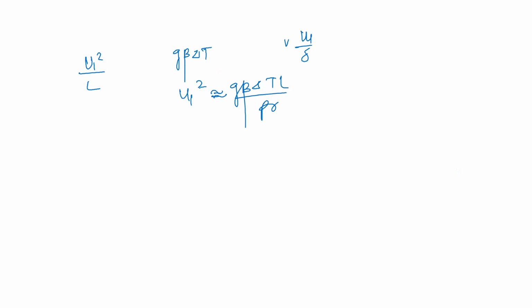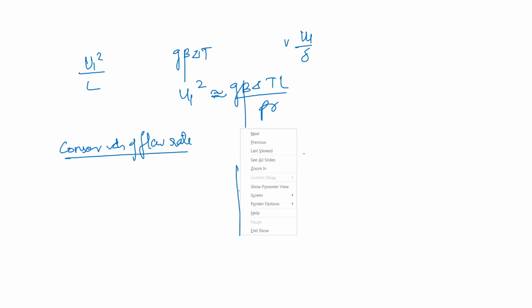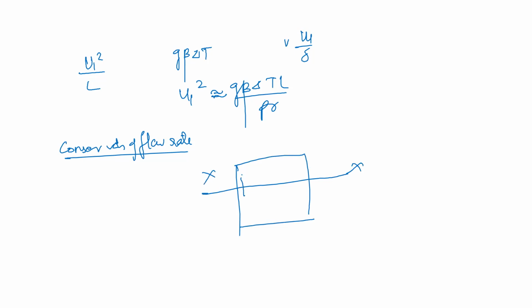Okay. Now conservation of flow rate. That was the second question. So if we consider a horizontal section XX, there will be fluid passing. So there will be a core region and there will be a boundary region.